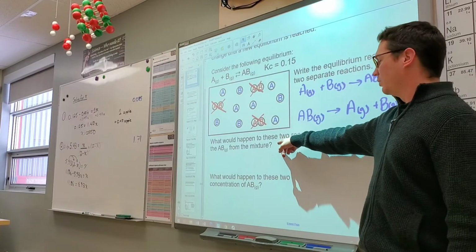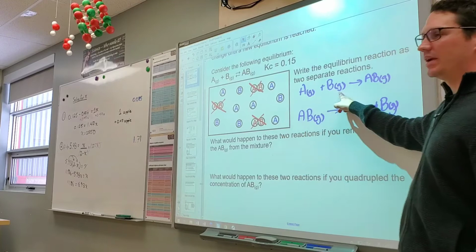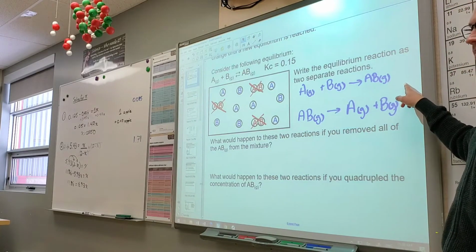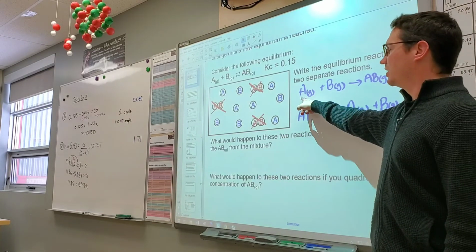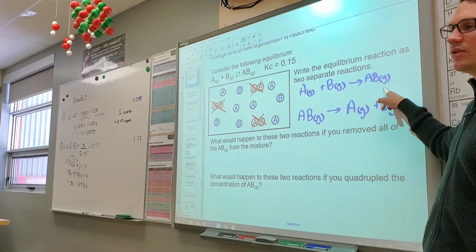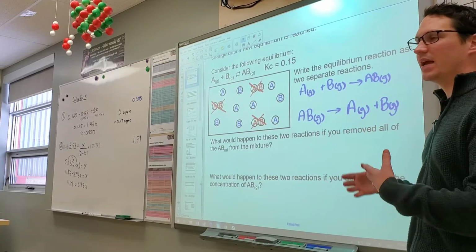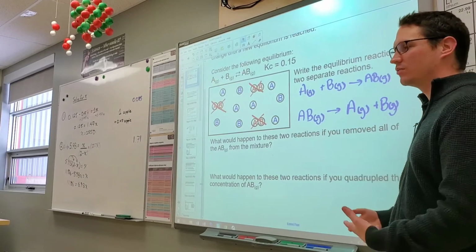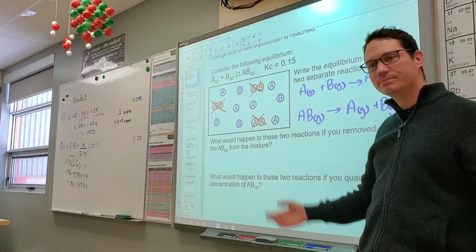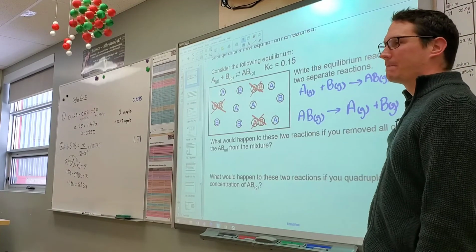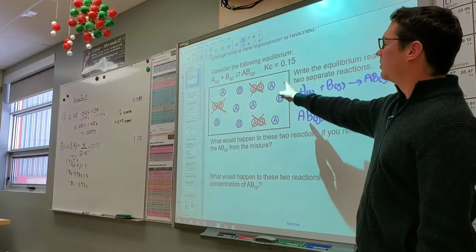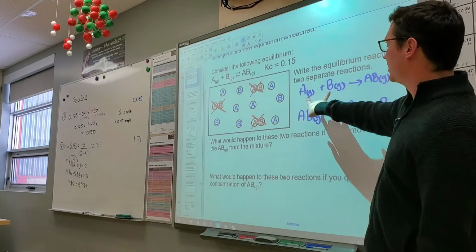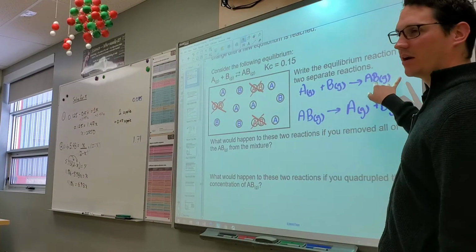What effect would that have on the top reaction? Would this top reaction increase, decrease, or would the rate of the reaction, how fast these things react, stay the same? What do you think? What am I affecting by getting rid of AB? Am I affecting the reactants or am I affecting the products here?